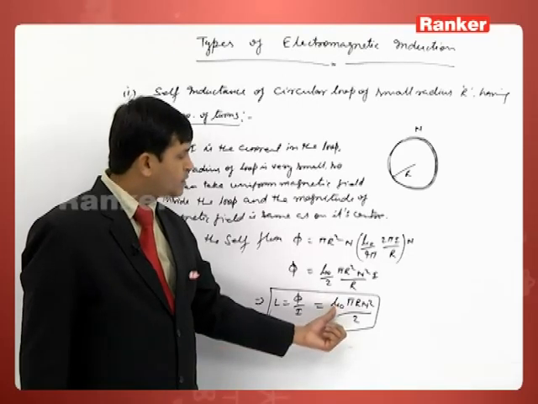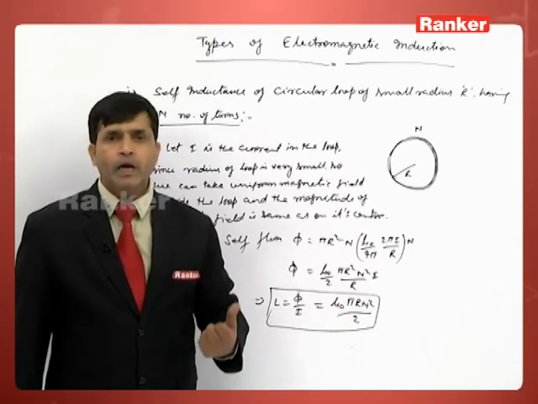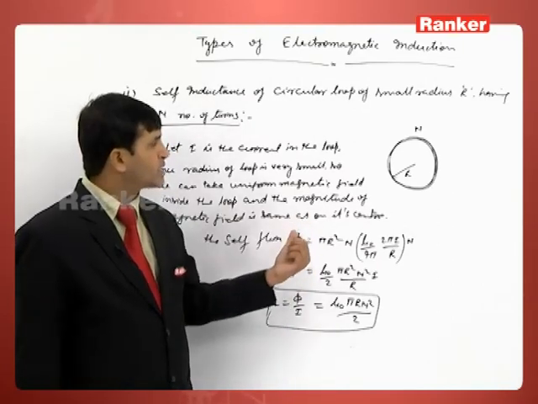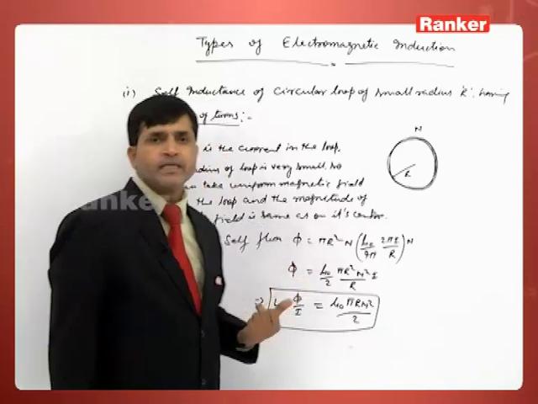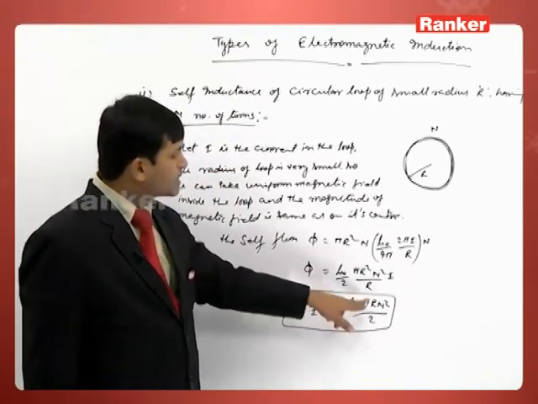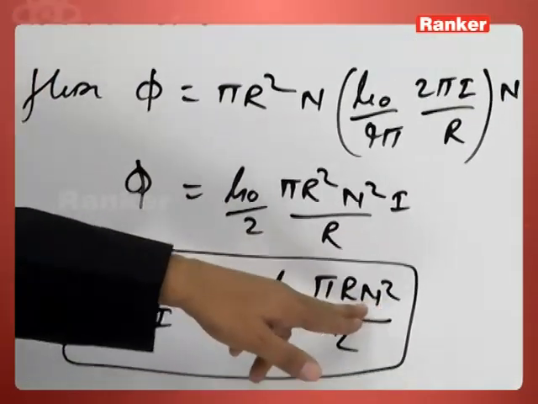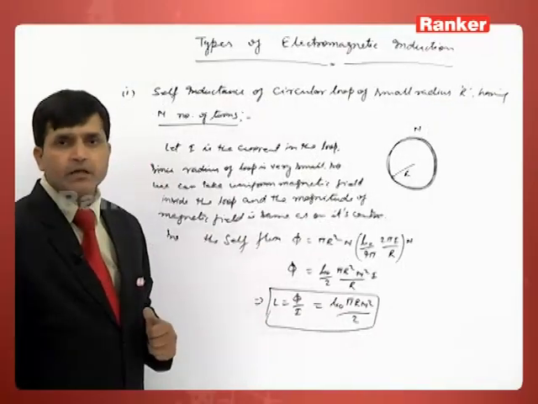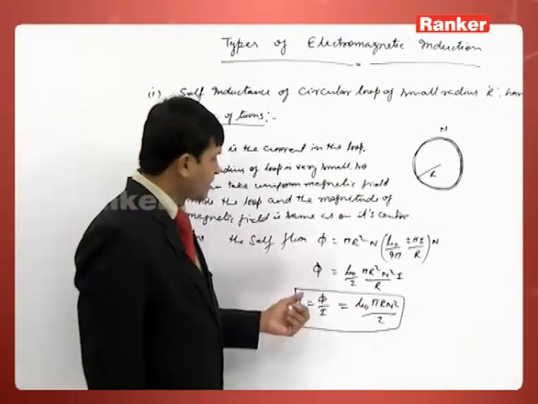Then we have to write μ₀μr, where μr is the relative magnetic permeability of that ferromagnetic material. So we can say the L value depends on geometrical shape and size as well as the medium in which the loop has been kept.